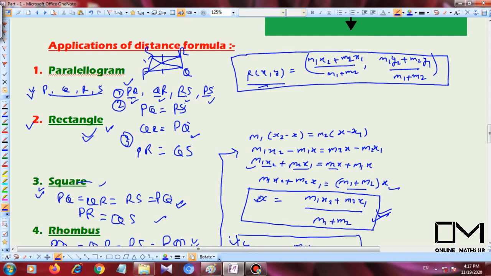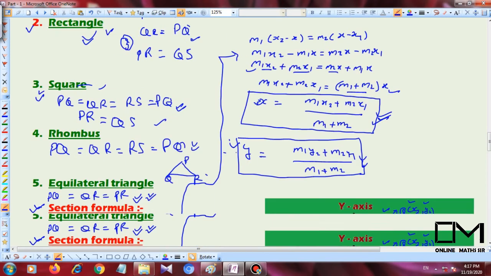It is a very easy formula. Clear? Write m1 times x2 plus m2 times x1, with the suffix 2 and 1, right? So you can easily learn it, and upon m1 plus m2. Clear?